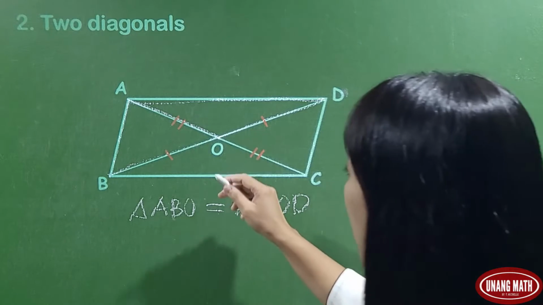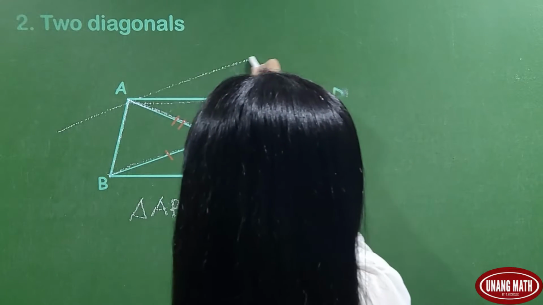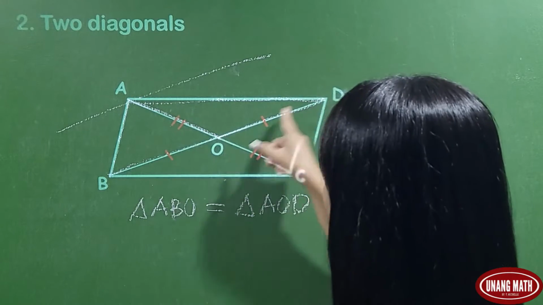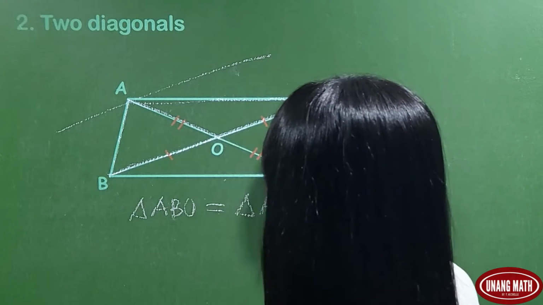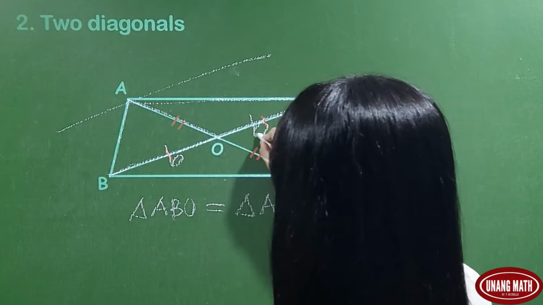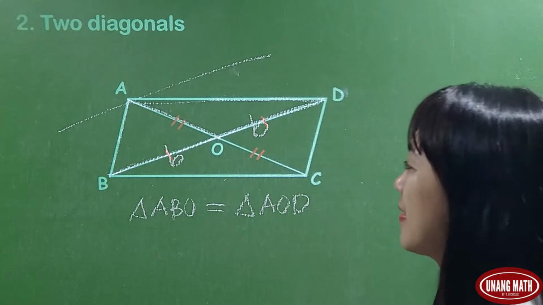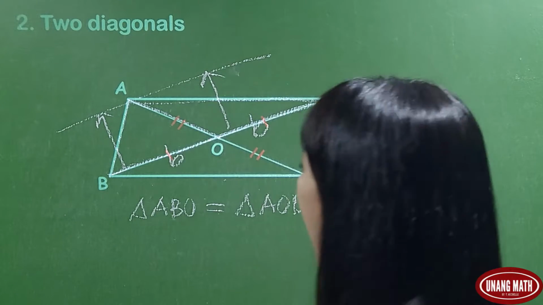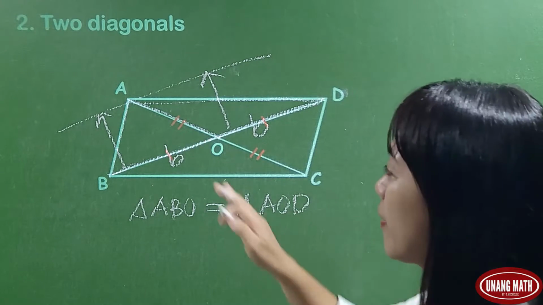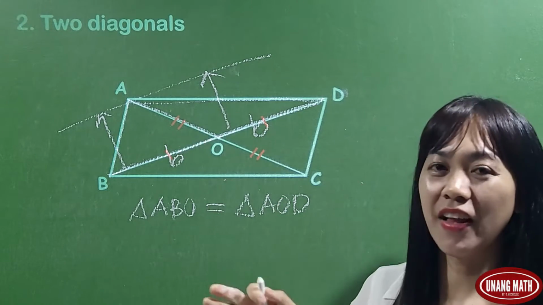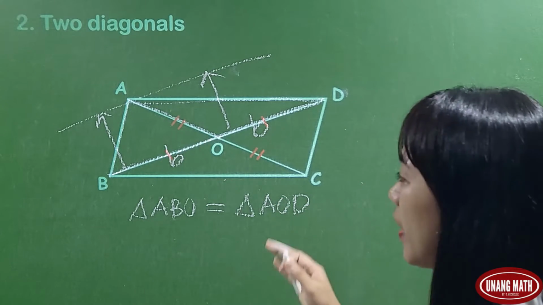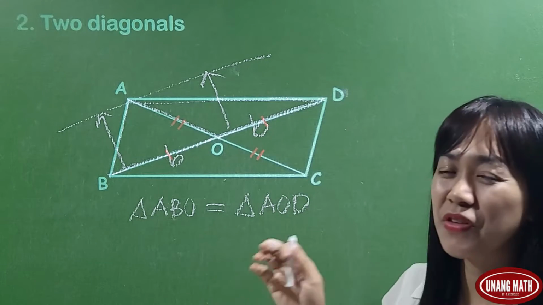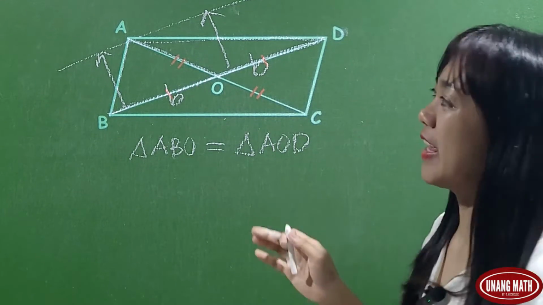If we are going to take a look at this one, triangle ABO and triangle AOD have the same base. So this is the same base. And they also have the same height. So even if the triangles are not exactly the same shape, if they have the same base and height, then those triangles are equal.